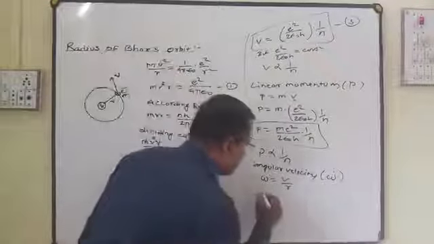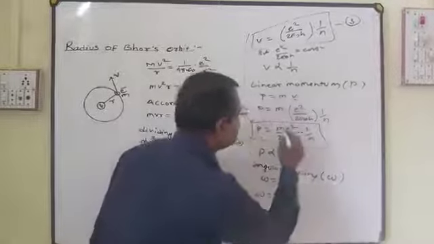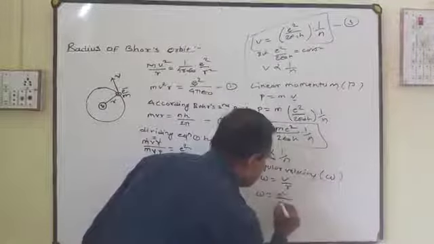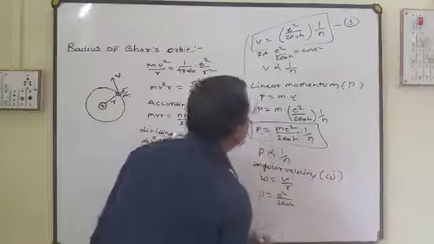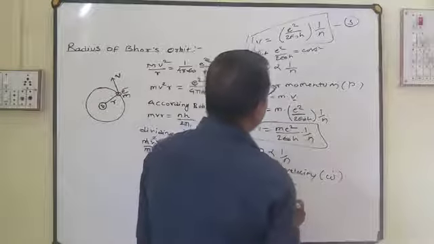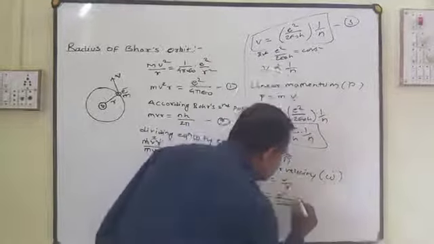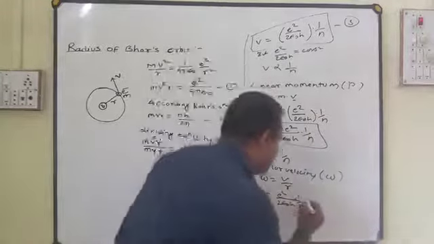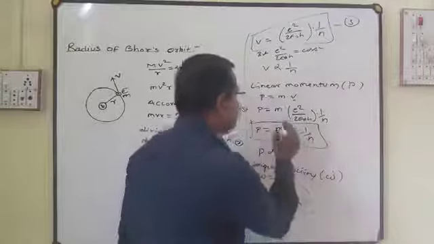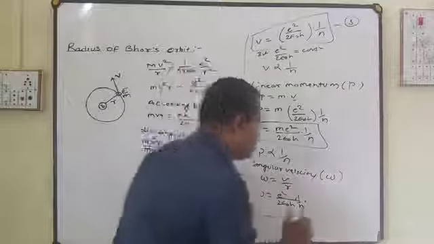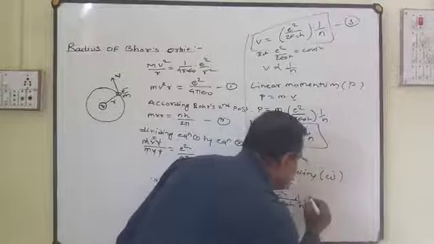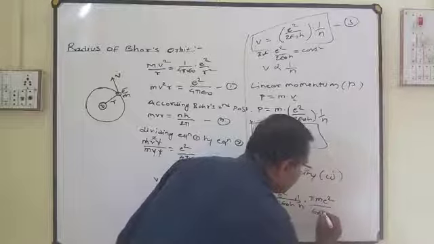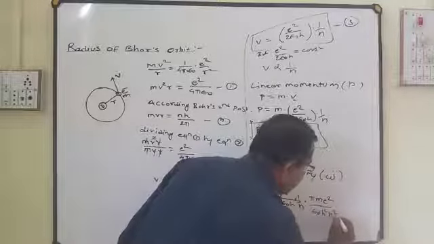As we know, the value of v is e² divided by 2 epsilon naught h into 1 upon n, and the value of the radius is epsilon naught h² n² divided by pi m e².